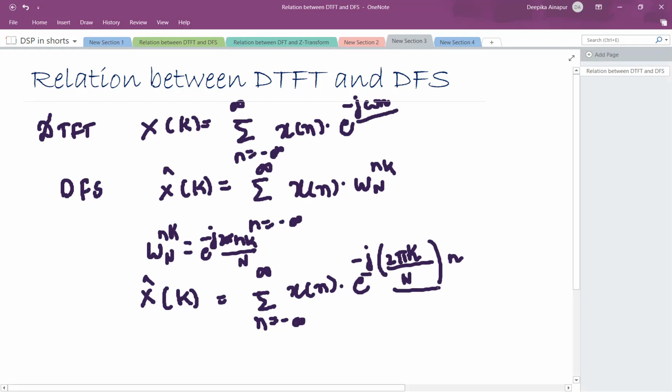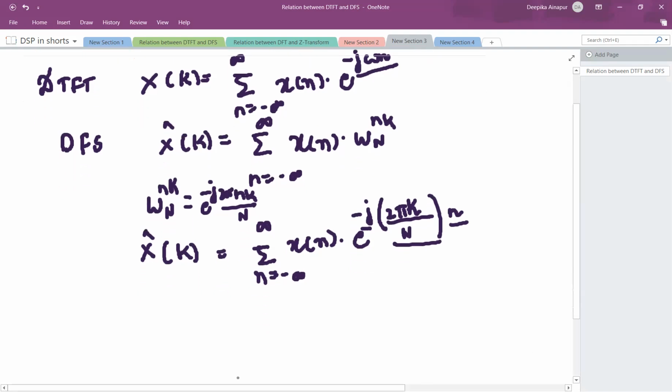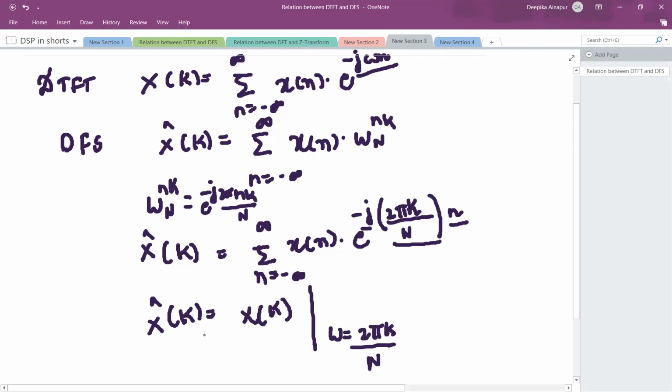So what I can conclude here is X cap of k will be equal to X of k when omega is equal to 2 pi k by N. X cap of k is nothing but DFS, and this is DTFT. DFS will be equal to DTFT when omega is equal to 2 pi k by N.